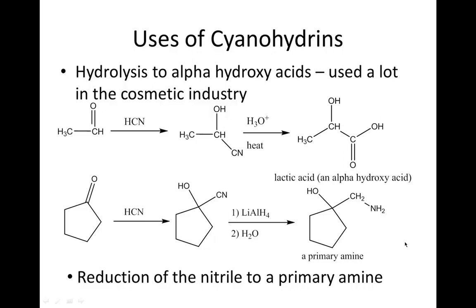Those things are important, and why we care about being able to make cyanohydrins. And incidentally, this is an inorganic, quote-unquote, source of carbon that we have now incorporated into our organic compounds.